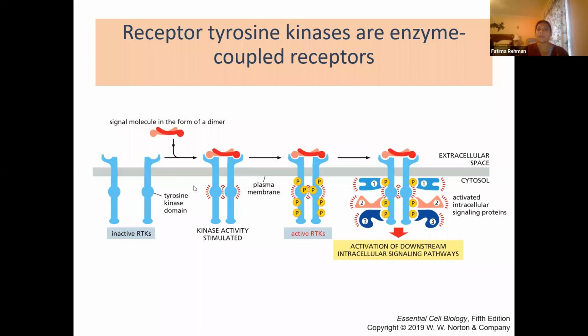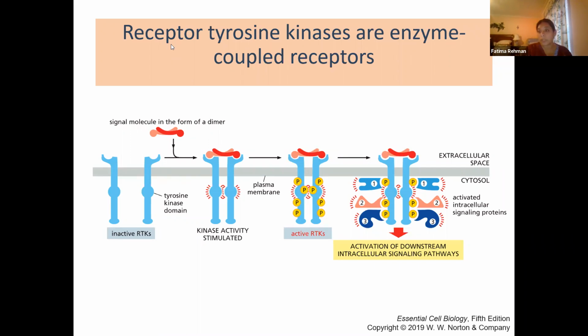Okay, so now switching over to a second type of receptor that is present in our membranes. These are receptor tyrosine kinases, which are also going to be coupled with enzymes, very similar to G proteins in that way. However, receptor tyrosine kinases are different in that they themselves are going to activate downstream intracellular signaling pathways by activating multiple second signaling molecules themselves.